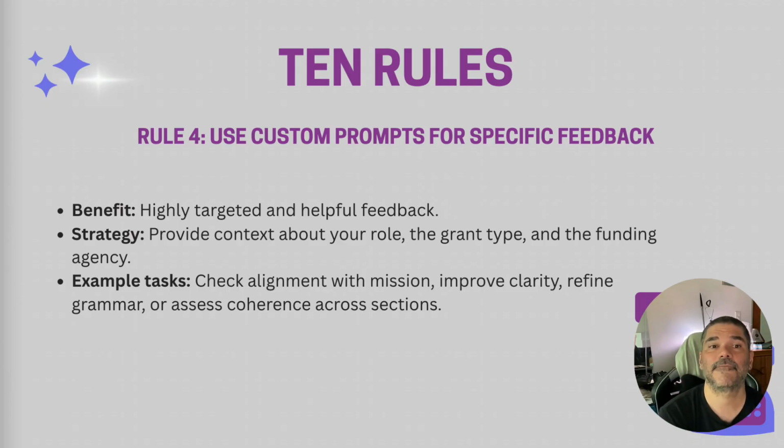When you're writing prompt engineering to get the specific feedback, give context about your role, about the type of grant you're applying for, about the funding agency, and then check alignment with the mission of the agency, improve the clarity of your writing and your data, refine the grammar, and assess how coherent it is and how clear it reads across the different sections of the grant.